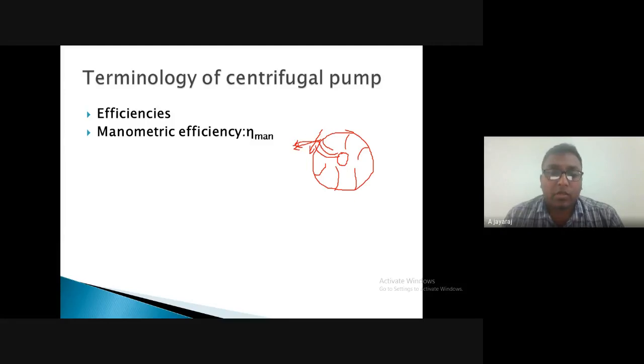Because these water particles acquire centrifugal force, they are received by the casing. We have seen different types of casing in our last class itself. The simplest type is the volute casing, which has a continuously increasing cross-sectional area. The area of the cross section gradually increases in order to increase the pressure of the water being pumped.